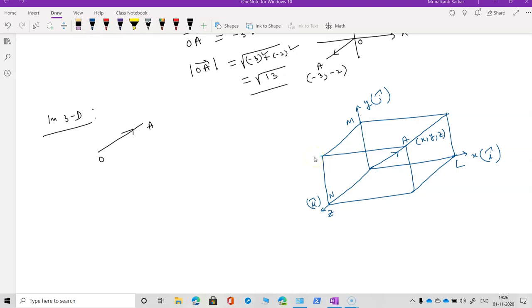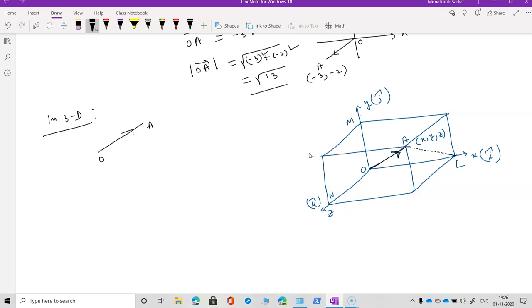Okay. So the vector OA is taken over there. Now we are in a position to represent, to draw this vector in this 3-dimensional coordinate system. This is your vector. This is the perpendicular you have drawn on the x-axis.